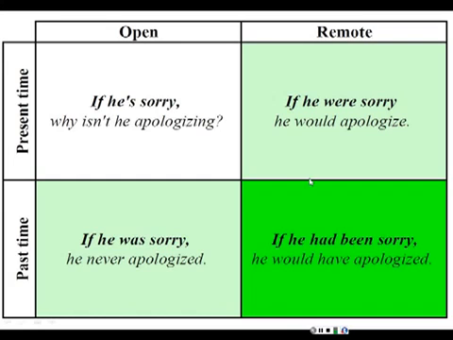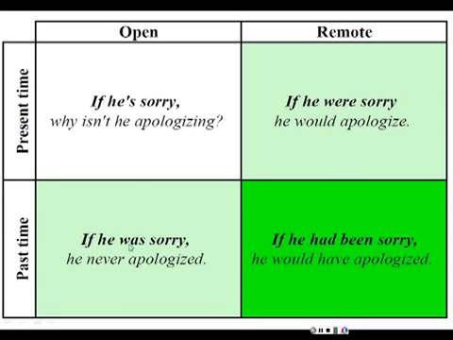And now, the remoteness. If he were sorry, he would apologize. So, in spoken English, many people would just say, if he was sorry, he would apologize. In very formal standard English, it is still, if he were sorry, he would apologize. He's not sorry, but if he were, he would apologize.